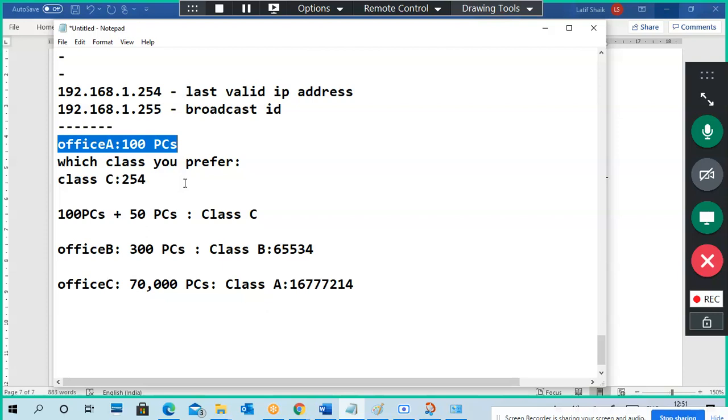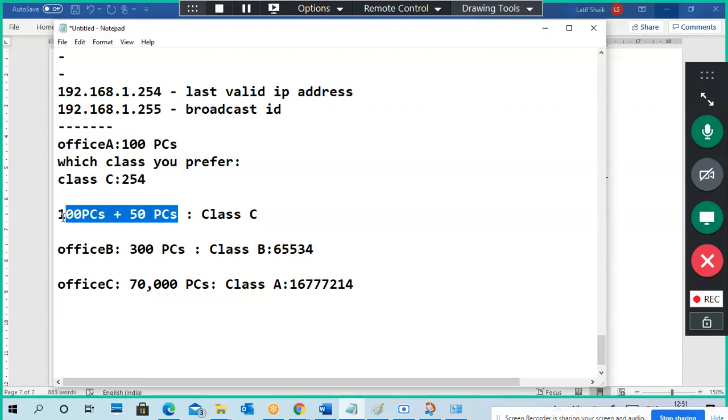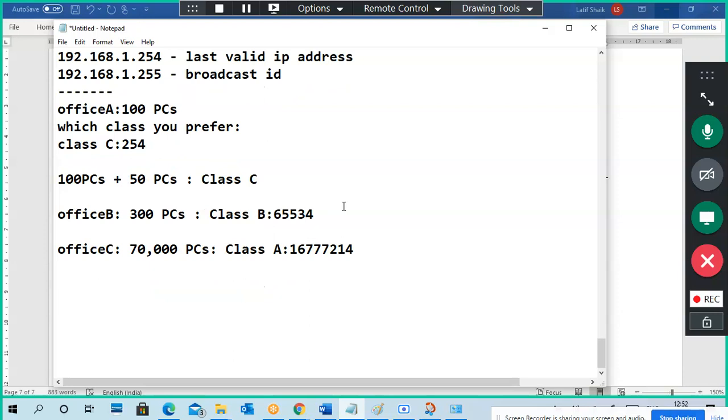Like, I have 100 PCs, preferable class C. I have 150 PCs, preference is class C. I have 300, so class C is not enough. I'm going to class B because class B gives almost 65,000 IP addresses, but class C is 254 only. So it is more than 254, then obviously I choose class B only.